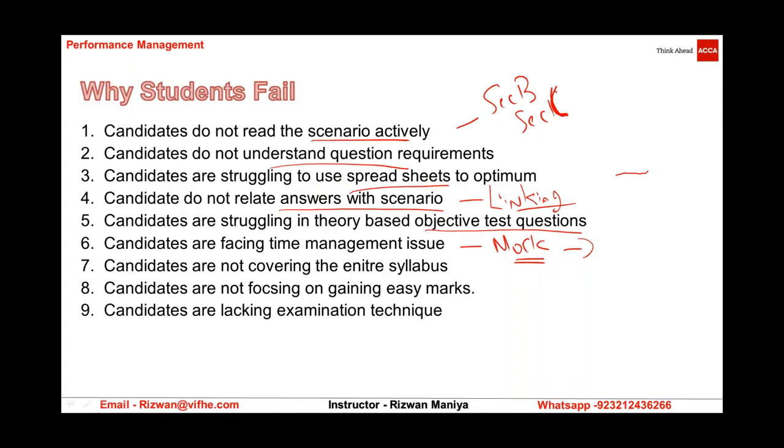Candidates are not covering the entire syllabus. People just, again, spot and fix. They do their own analysis, try to figure out what the important areas are, focus on those areas and leave the others. No. If you observe, this CBE pattern is so comprehensive that you cannot leave anything.